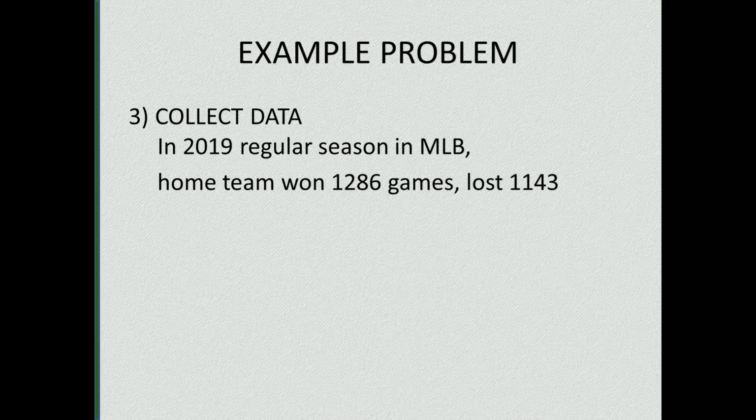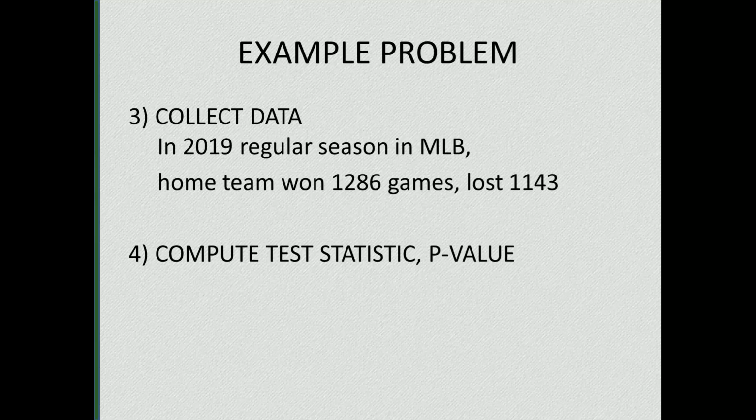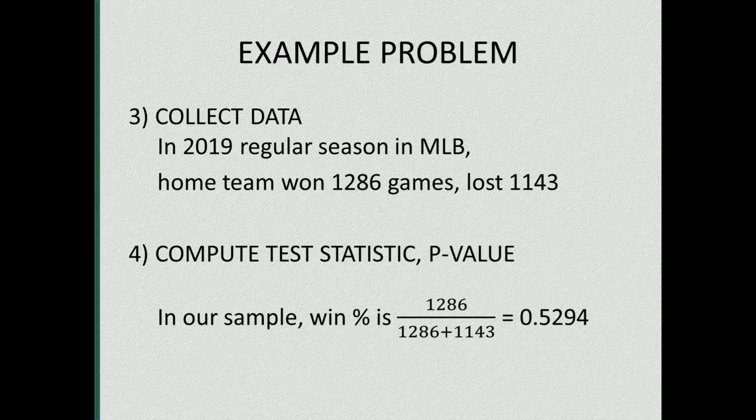At this point, step 4, we need to compute a test statistic and a p-value. I encourage you to pause the video here to do so. Okay, the home team in our sample won 1,286 times out of this total number.